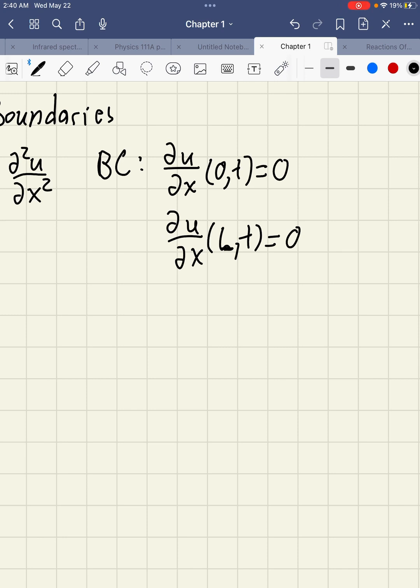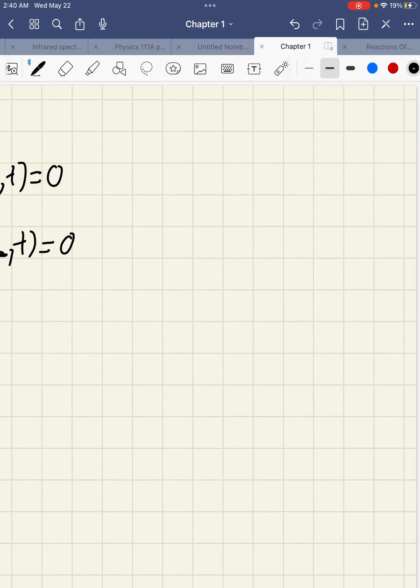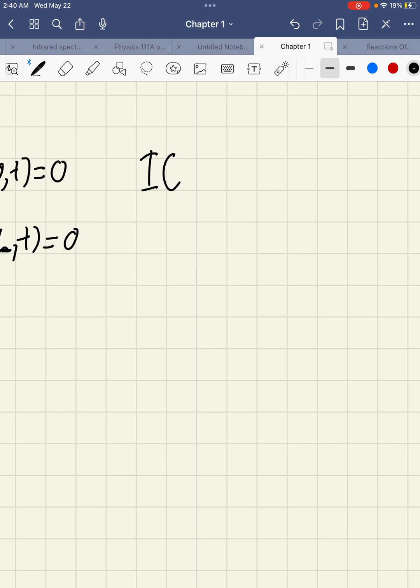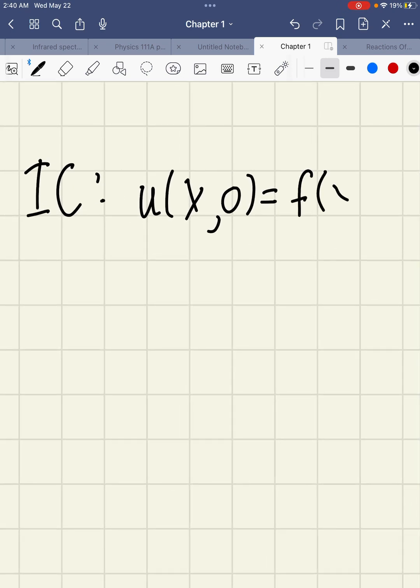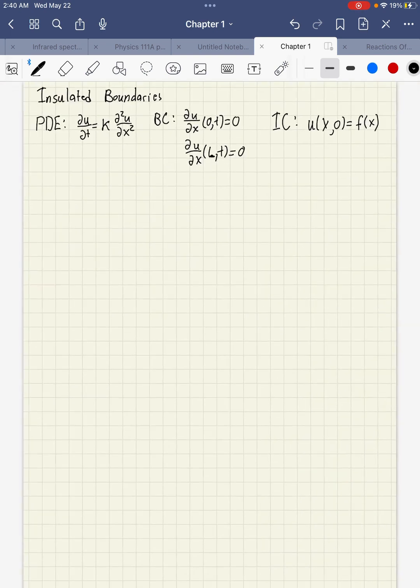So we are at equilibrium, there's no heat flow, but there are still some temperature differences at one end and the other end. And my initial condition, let's say at time 0, my temperature varies given by this function f of x. Now, using this, let's try to solve it.